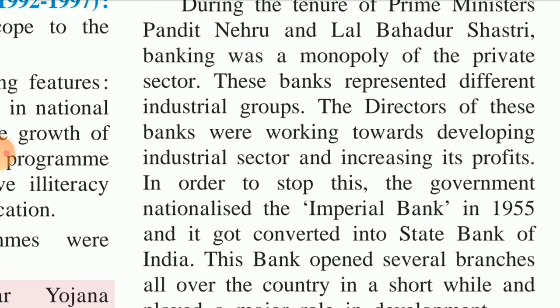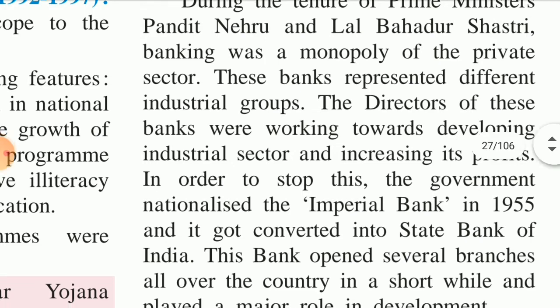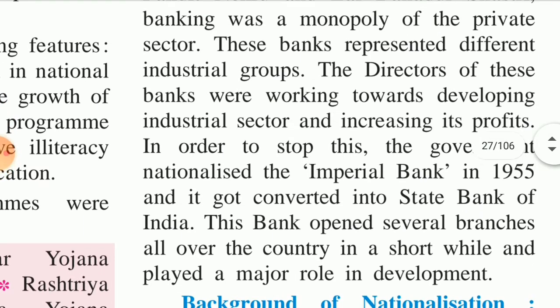In order to stop this, the government nationalized the Imperial Bank in 1955, and it got converted into the State Bank of India. Earlier it was a private bank considered as the Imperial Bank; from 1955 onwards it became the State Bank of India. This bank was the first to be nationalized by the government.